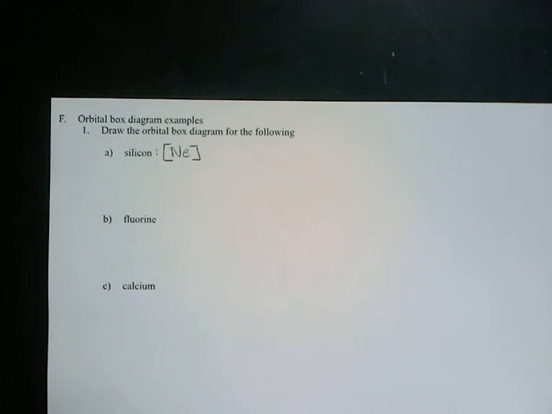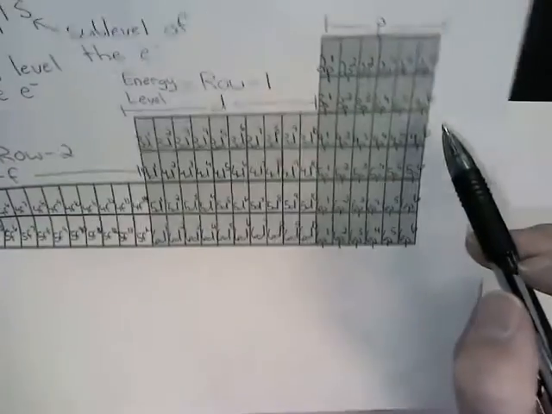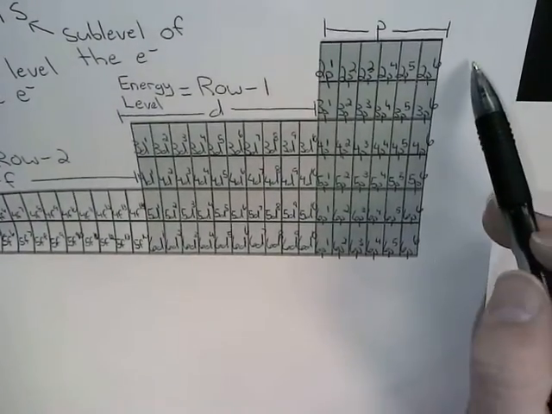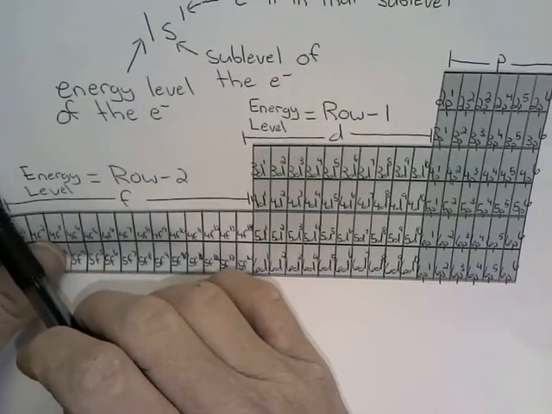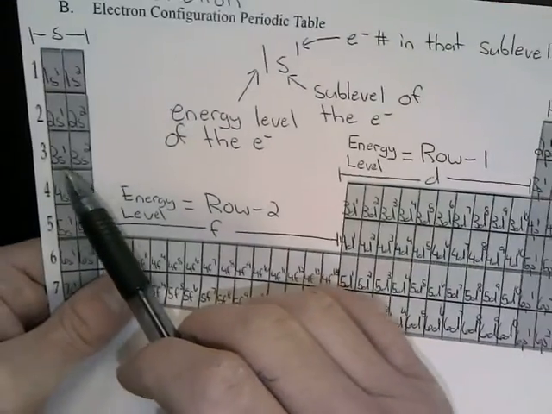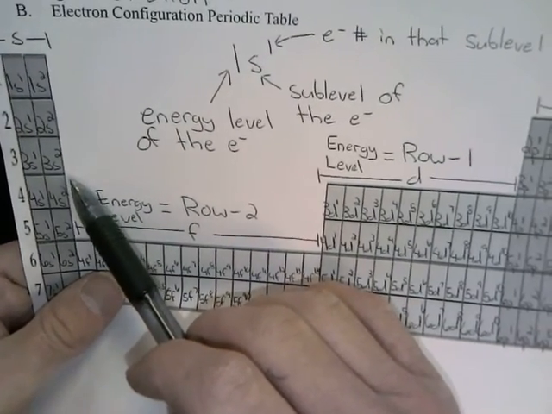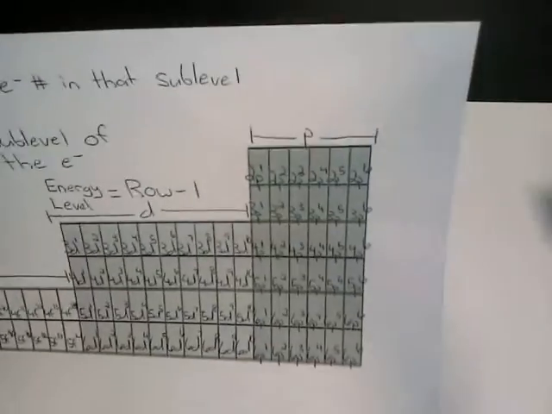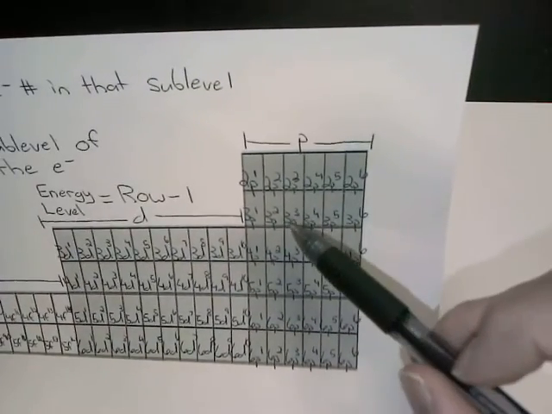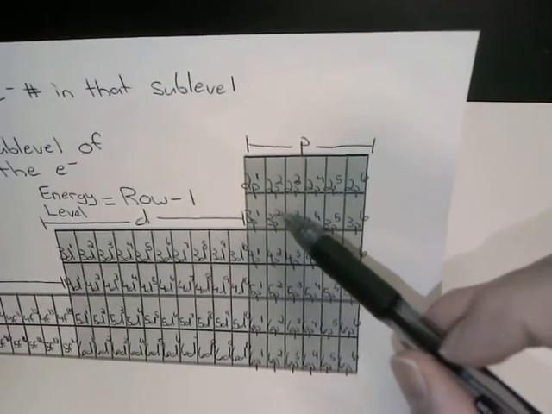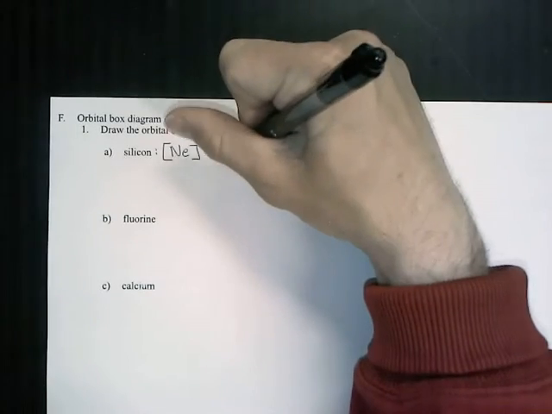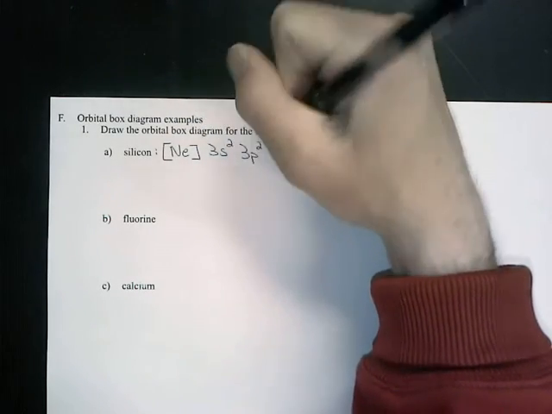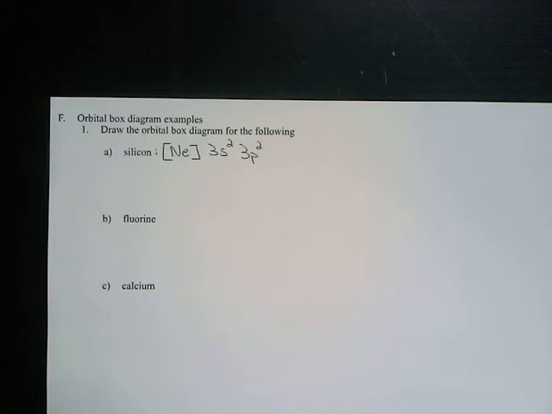Now what we do, again, we're at Ne, and we continue writing our electron configuration just like we see it. So we have 3s. Is silicon in 3s? No. So we need 3s2, and then we have to get to 3p. Silicon's in 3p. It's the second box. So we write 3p2.